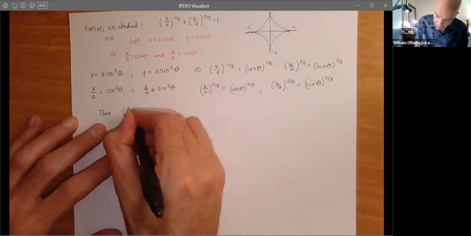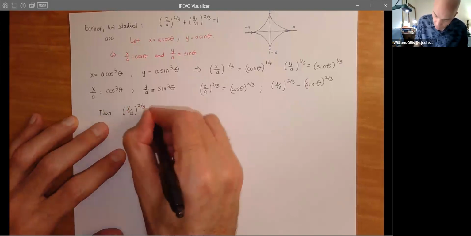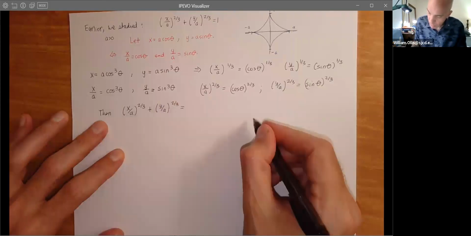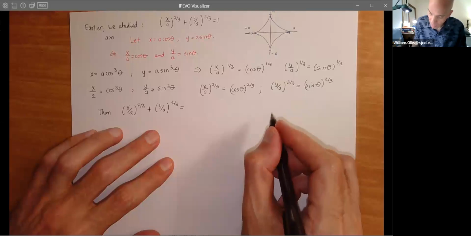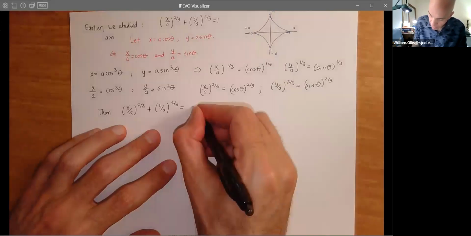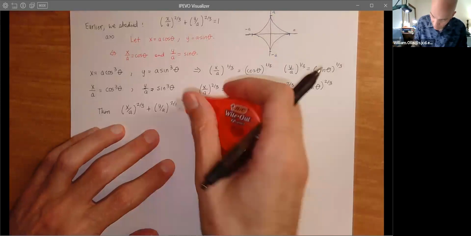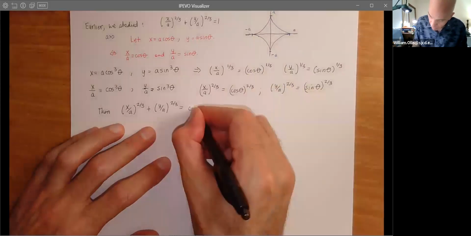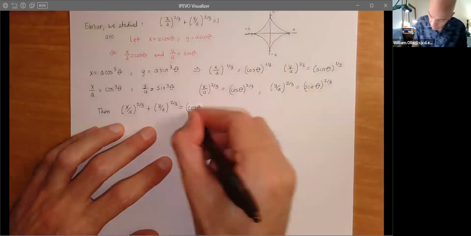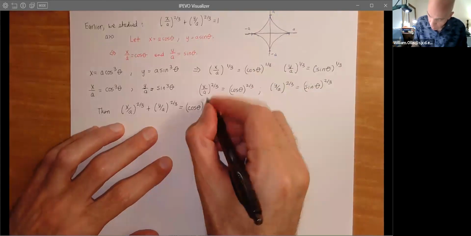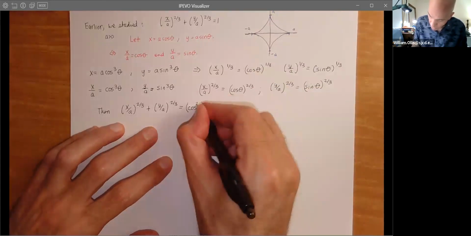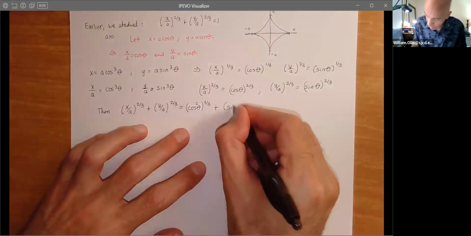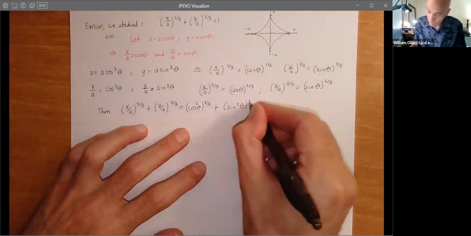Then X over A to the 2/3 plus Y over A to the 2/3, let me write it this way, will be cosine squared theta to the 1/3 plus sine squared theta to the 1/3.